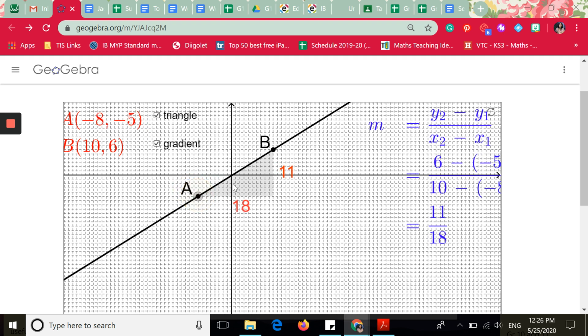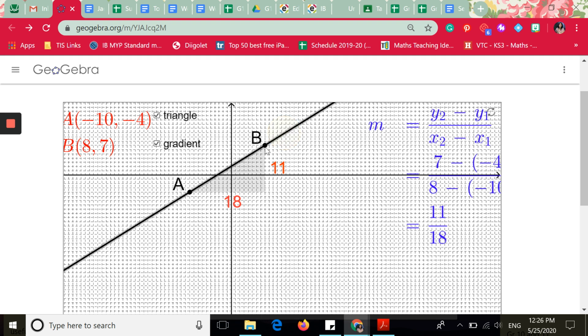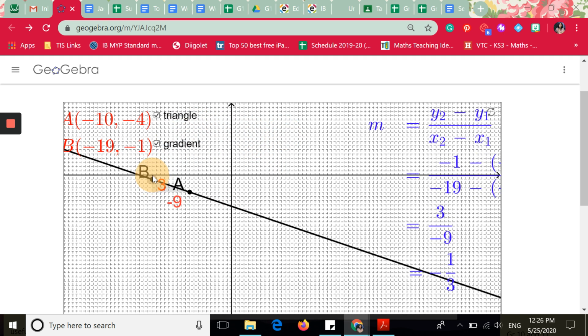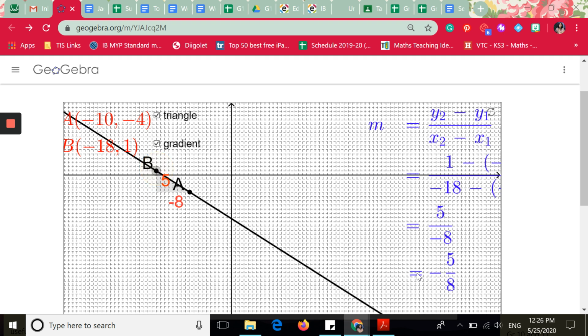And if I change the position of A and B, then you can also see the gradient is going to be -5 over 8. And if I show you the triangle here, you can see the run is in the negative direction, which is -8, divided by 5. So this way you can find the gradient. So please feel free to do more practice if you need more practice with the gradient of a line.